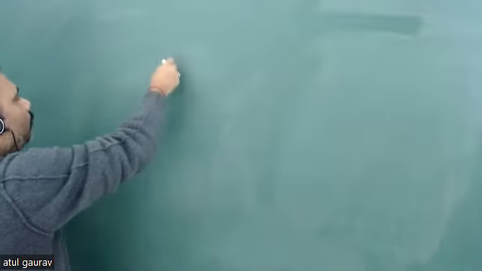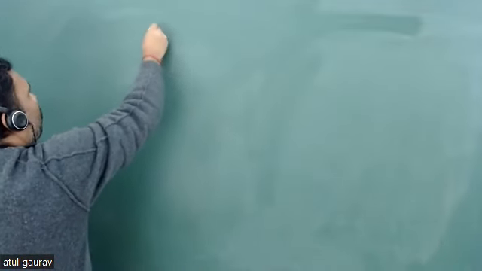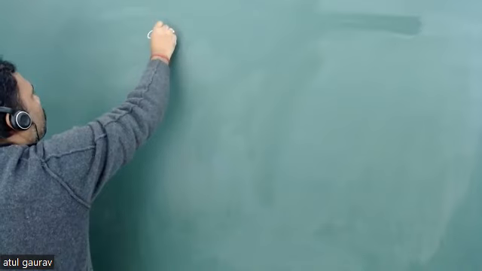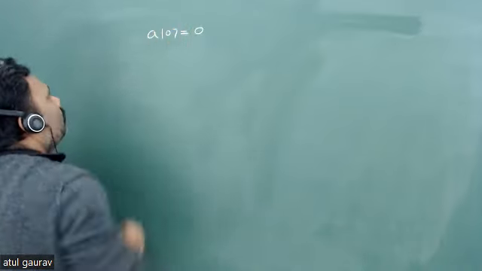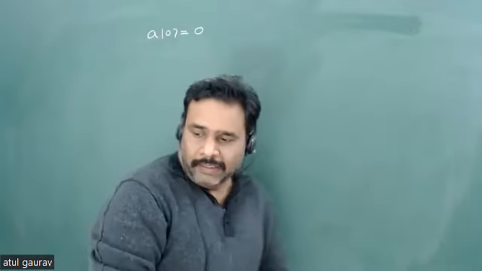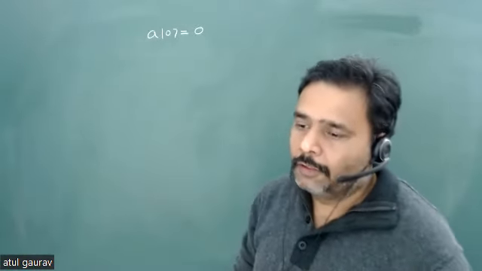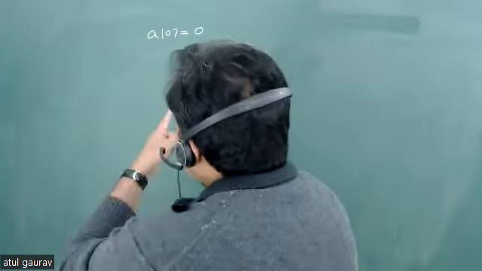So what we have basically is A operating on the 0 ket, which will give 0. Isn't it? A operating on the 0 ket, you will get 0. Now, what is A?